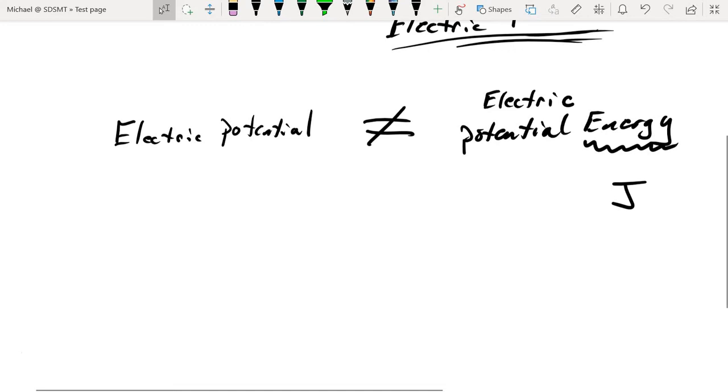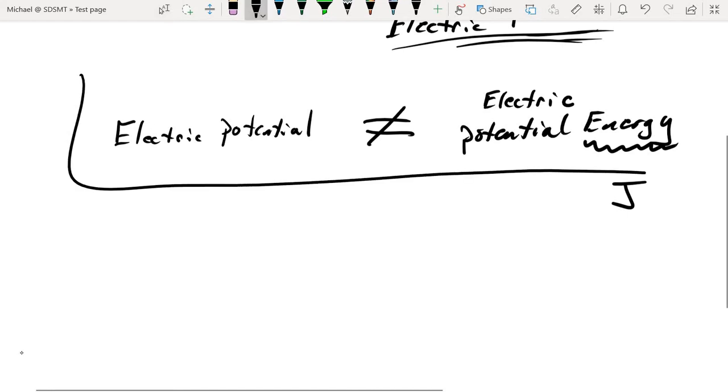But electric potential is a completely new term. We have not seen this before in Physics 1. And so what we need to do is come up with a definition as to what electric potential is, why it's different from potential energy, and then see if the two are related in any way.